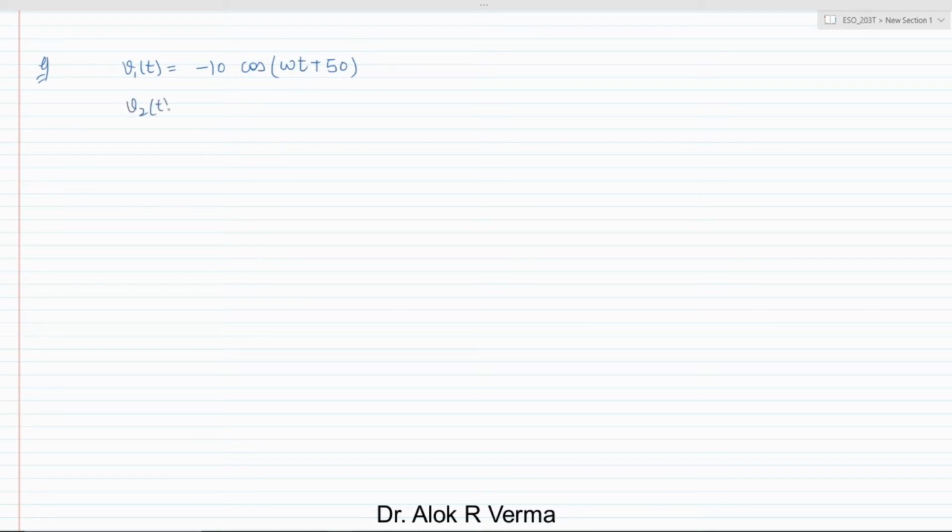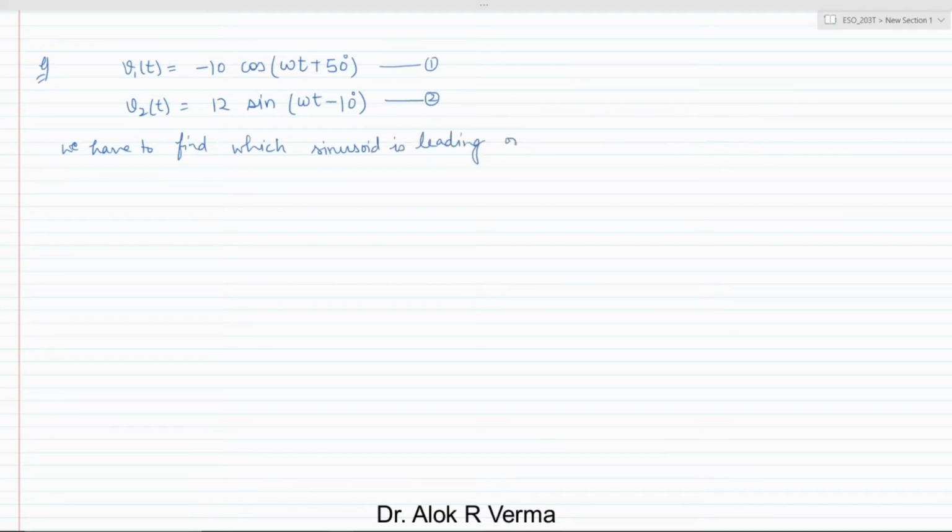Then you have another sinusoid represented as 12 sine(omega t minus 10), in degrees. Now one sinusoid is given and this is another sinusoid. Now we have to find which sinusoid is leading, or by what angle.